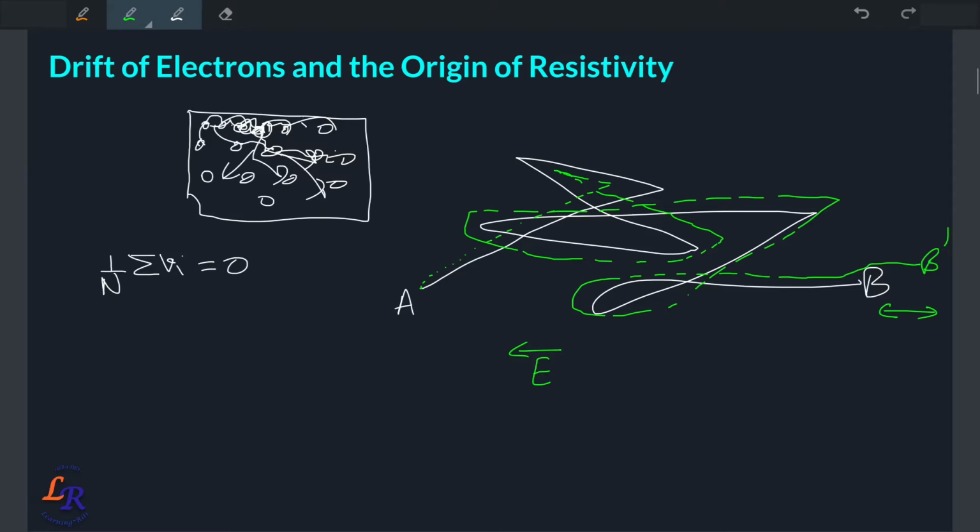And in that case, let's calculate the force. If the charge is an electron, and we are always talking about a conductor and free electrons, the charge of the electron is minus e, and if there is an electric field E, then this is the force.